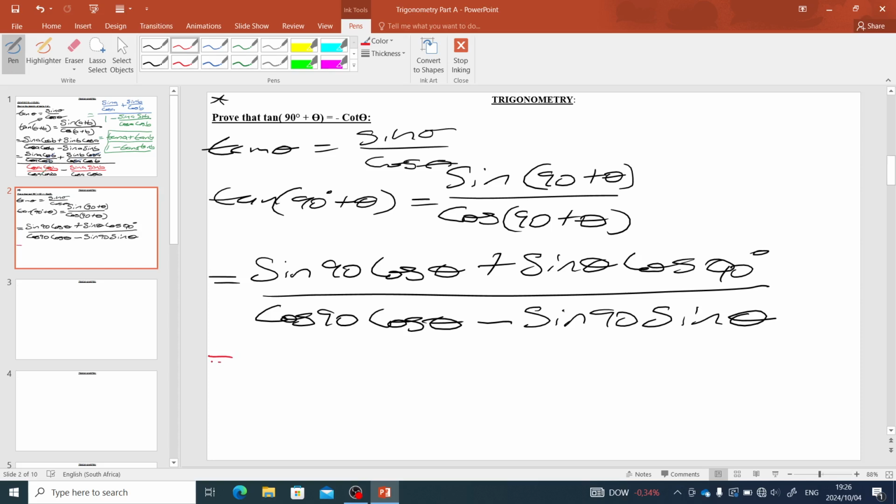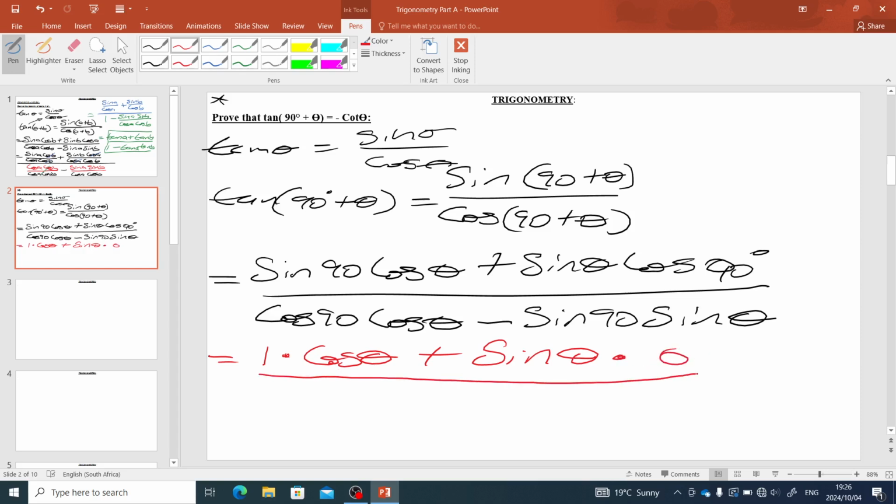Now, what is it that we know about sine 90? Sine 90 is 1, multiplied by cos theta, plus, cos 90 is 0, so plus sine theta multiplied by 0.